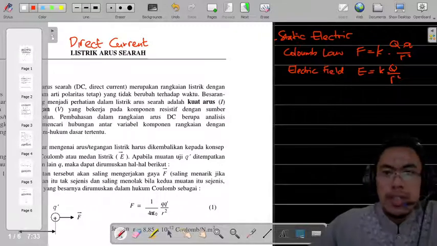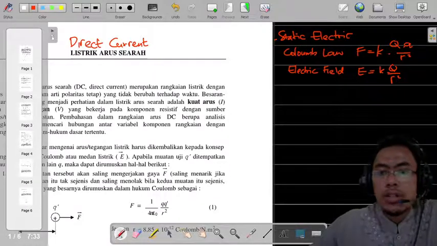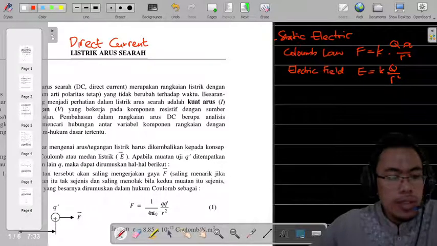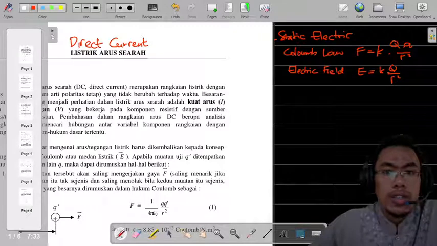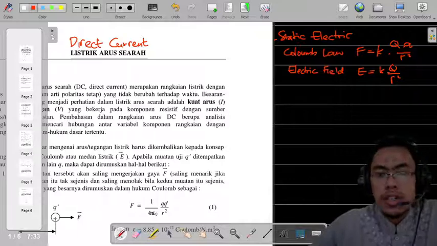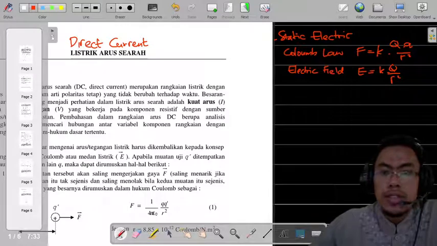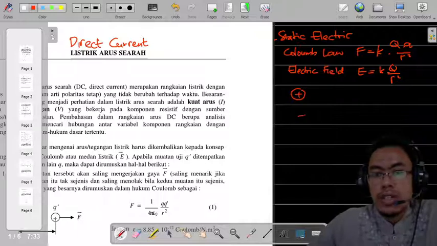Now, in static electric, we do not think about moving charge. It means the only thing we learn about is, let's say, a positive charge or a negative charge.